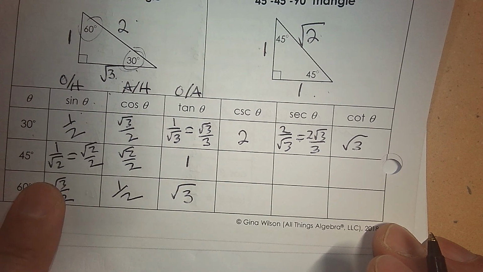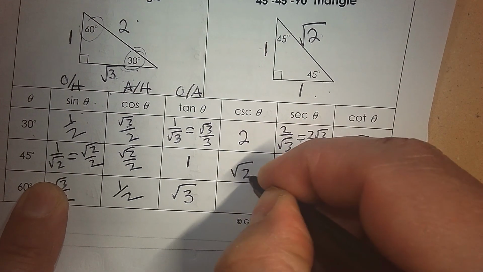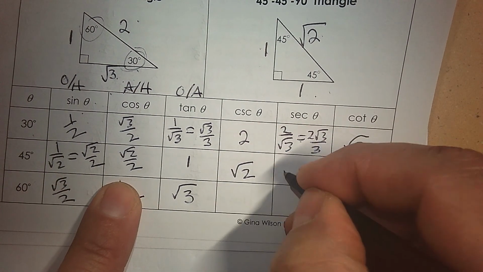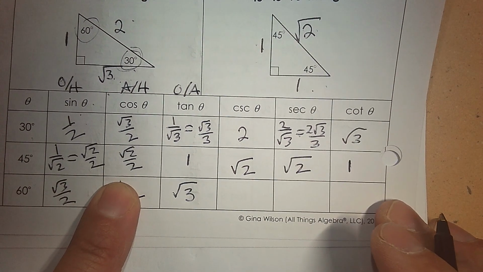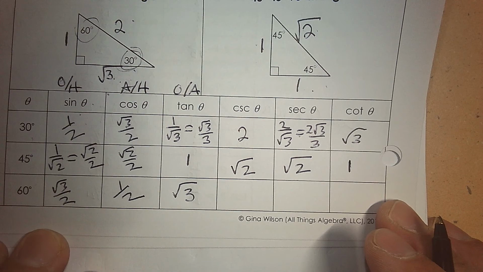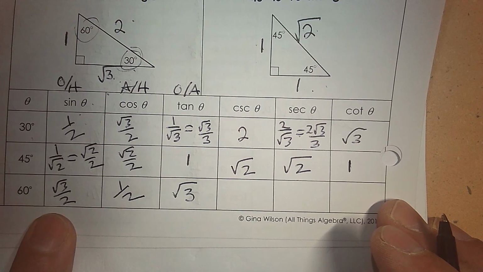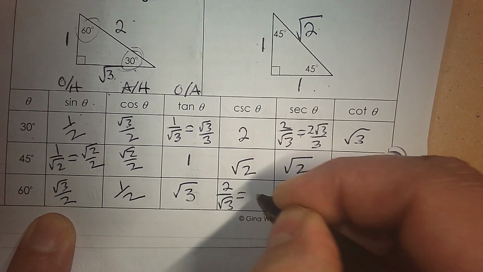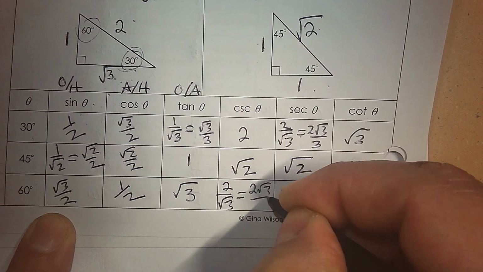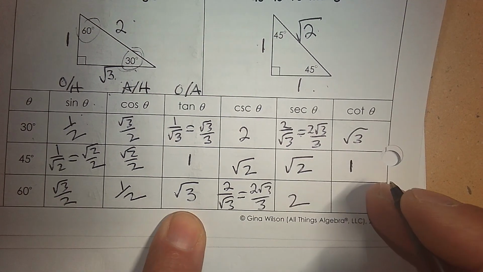What's the reciprocal of root 2 over 2? What's the reciprocal of root 2 over 1? What's the reciprocal of 1 over 1? Right? And if you need to, you can go back later in the video.